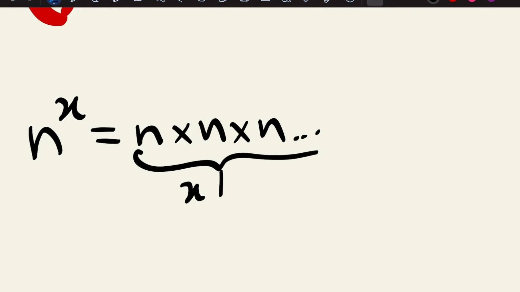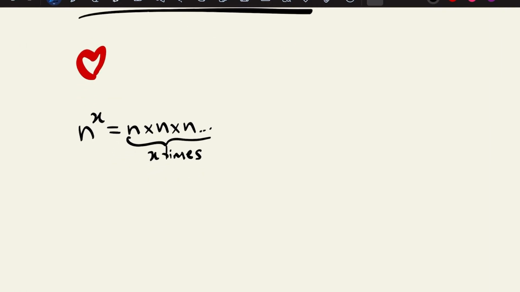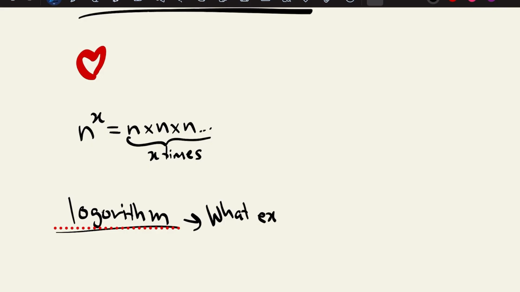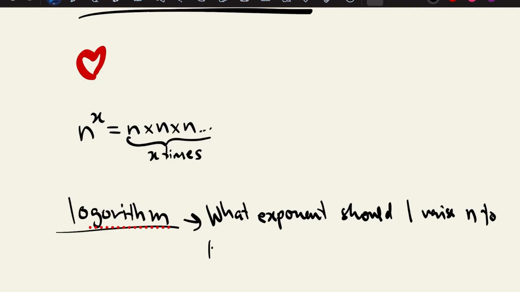So basically, since I said that n raised to the power of x is equal to n times n times n, x times, what this would mean is that when we use the function of logarithm, we're going to be reversing exponents, and we're going to be asking what exponent should I raise n to, to get the answer of n to the x.